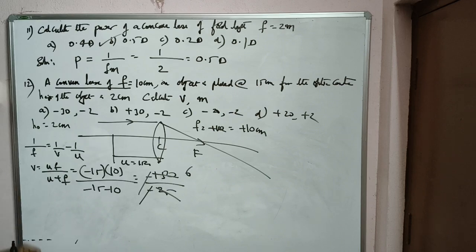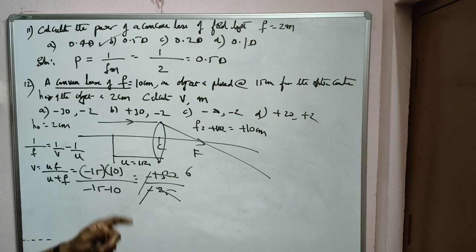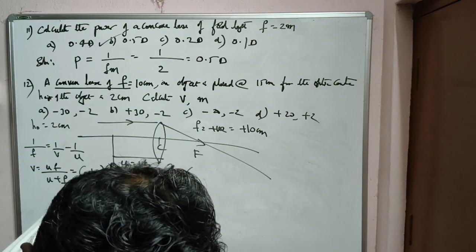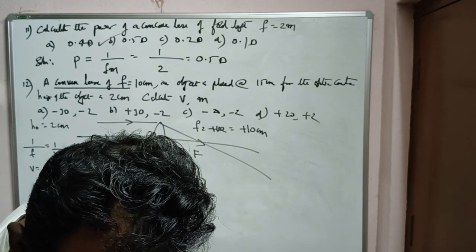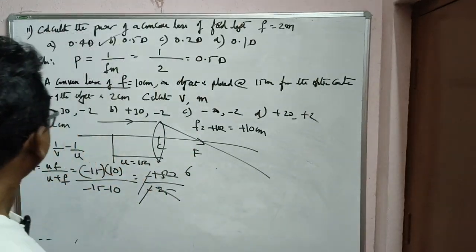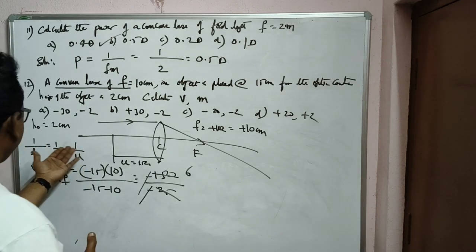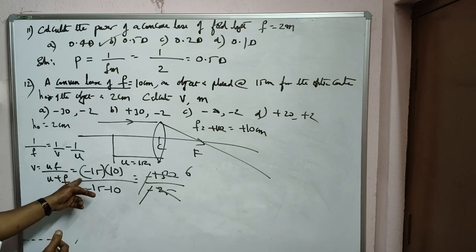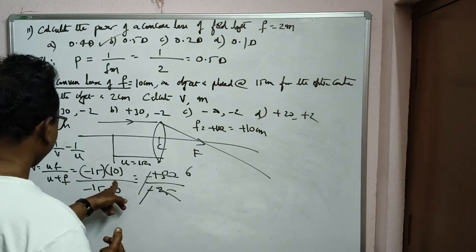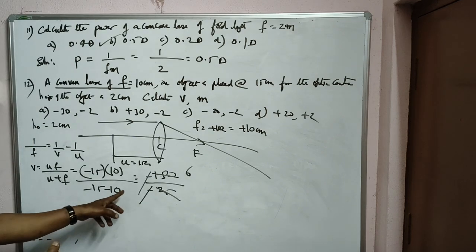So V I got according to the given data is this one. Here object distance is given, and if you take this side, 1 by U, LCM, UF by U plus F. U is minus 15, F focal length positive, by U plus F, that means minus 15 plus 10, minus 5.